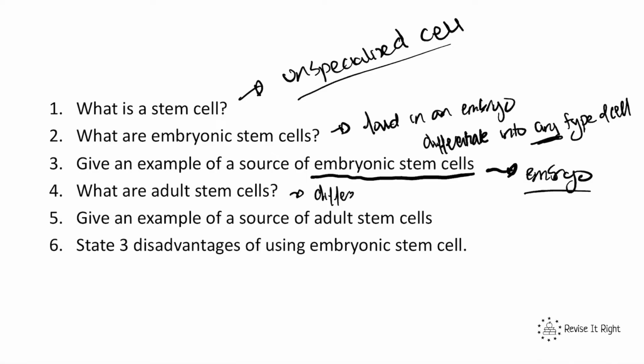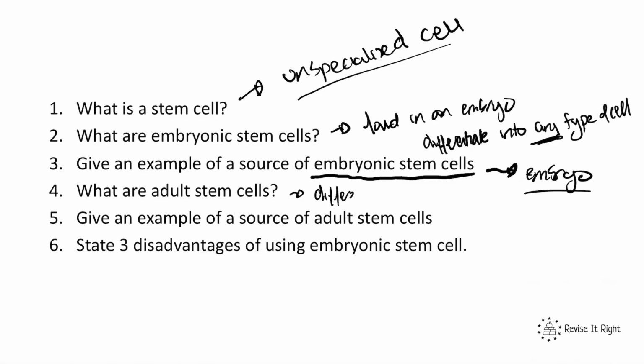And finally, state 3 disadvantages of using embryonic stem cells. You also have to remember the advantages, of course, but let's just very quickly go over the disadvantages. Okay, so 1 is that idea you could be damaging or even killing the embryo. Okay, so taking away its potential life.